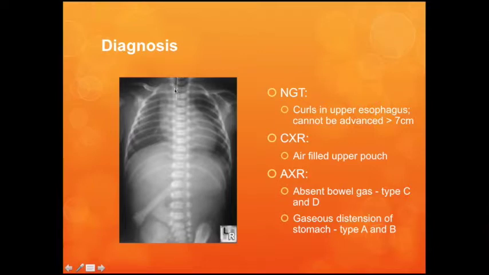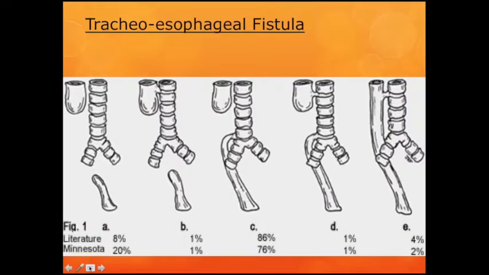So on the chest X-ray, classically, if you have a nasogastric tube, you'll see it curling up. Otherwise, you'll just see air in the upper pouch. And in the abdomen, you'll see absence of bowel gas if it's type A and type B. I'm just going to go back to show you which ones we're talking about. So if it's one of these, there may be reduced bowel gas, but they can still get bowel gas through here.